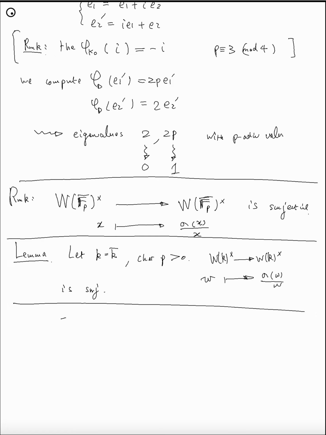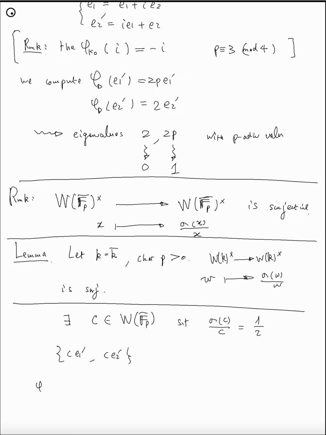And we know that there exists some element C in W(F_p bar) such that sigma of C over C equals 1 over 2, right? And then let's further modify our basis to C E1 prime and C E2 prime.